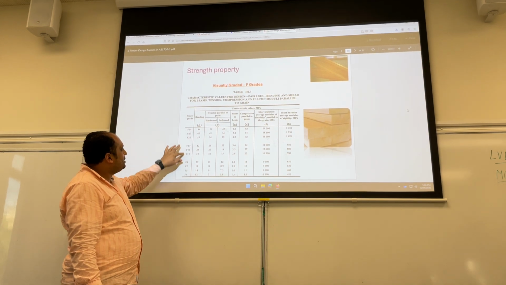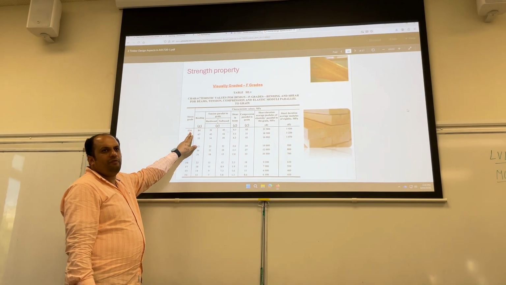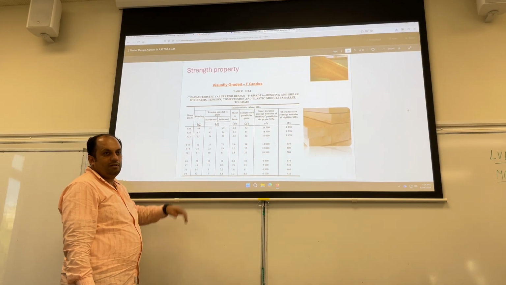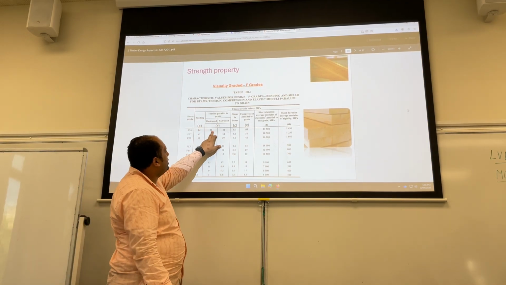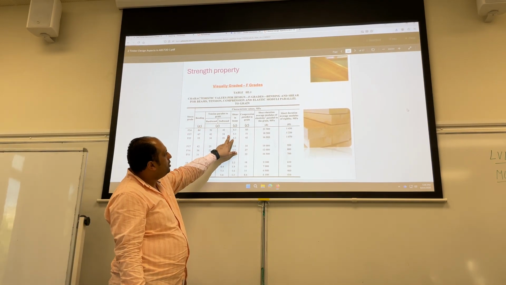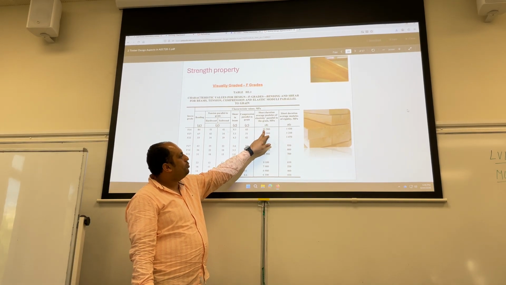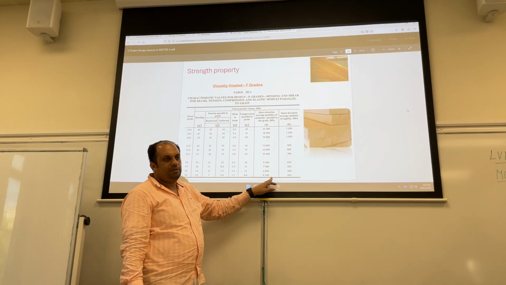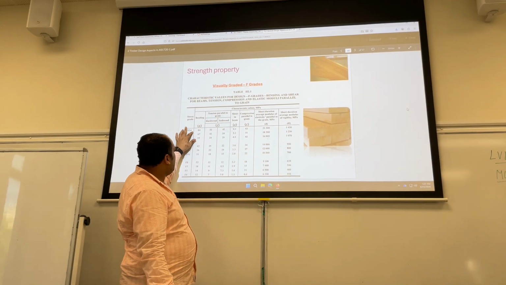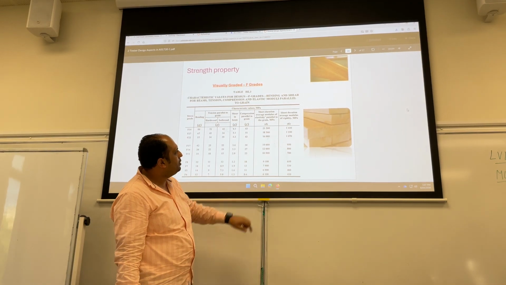This is the grade. As you can see, the first one, F34, is the highest grade, so it has higher bending capacity, higher tension capacity, and higher shear. Can you also see the difference in the Young's modulus? 21,000 here, 6,000 there. So F34 is the best grade for F grade, and F4 is the least.